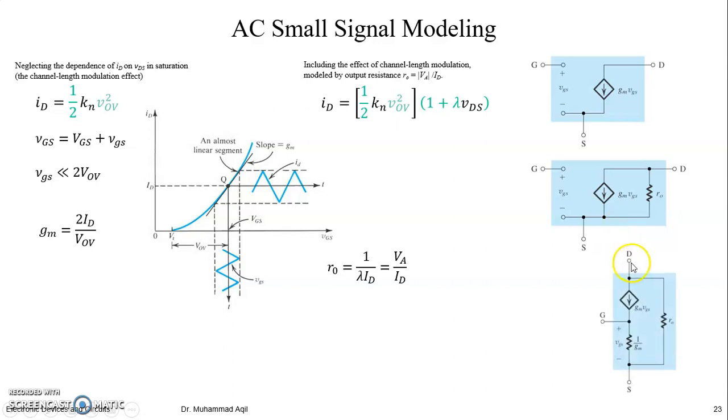Okay, so this is the pi model, and this would be the T model. In the pi model you don't have any resistance, but in the T model you have a resistance. It's actually 1 over GM. Why?